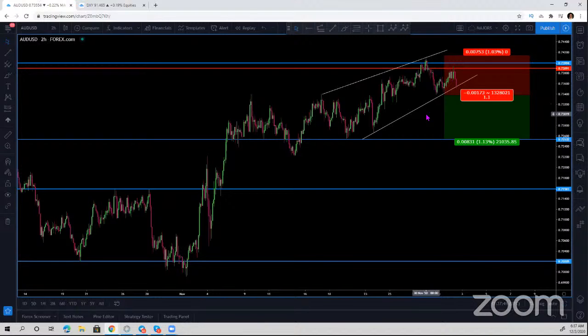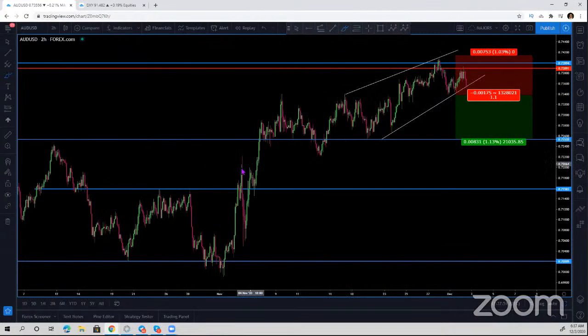And the reason that my first targets are at this level is because this is not only the base of the reversal structure, but also a previous high that was broken and retested before we rallied to the 0.74 level.